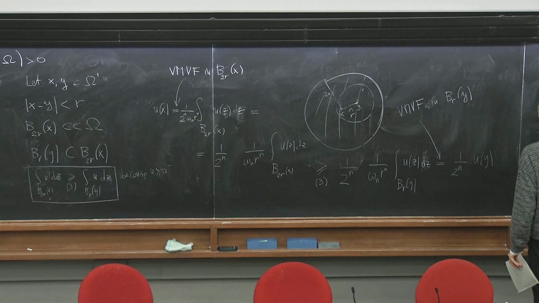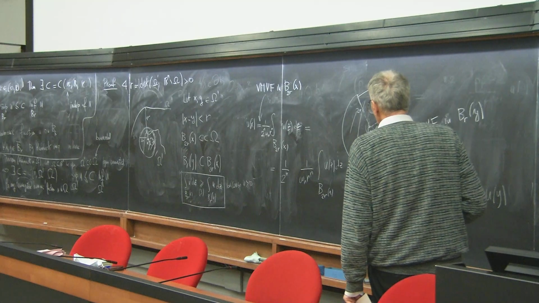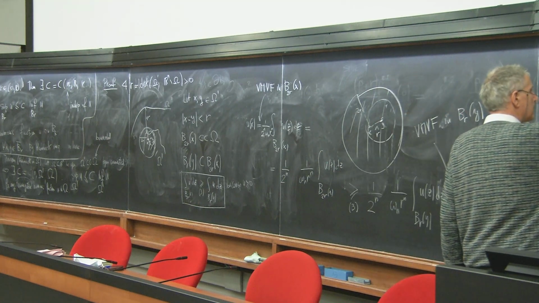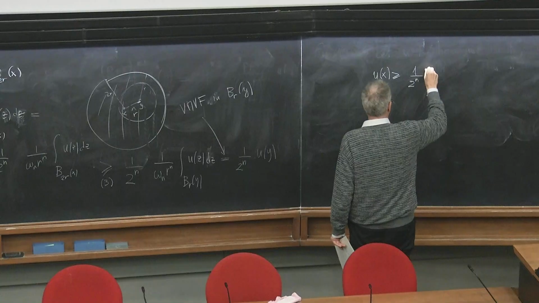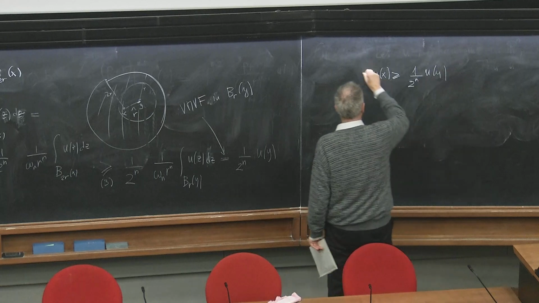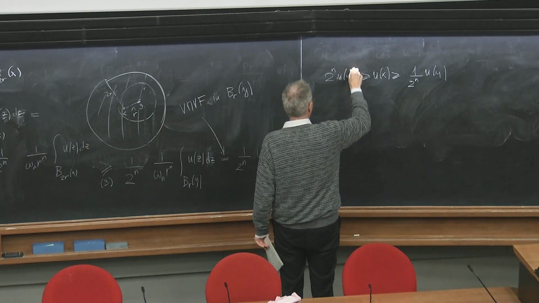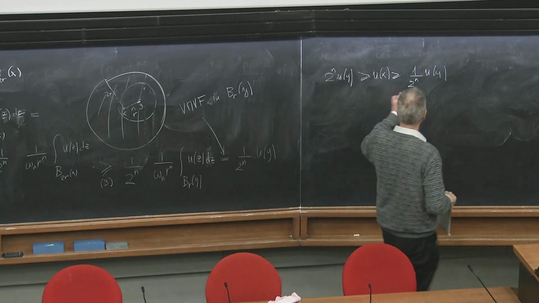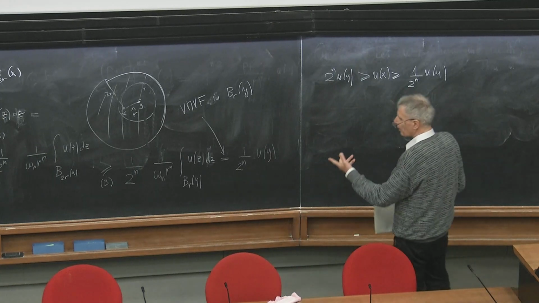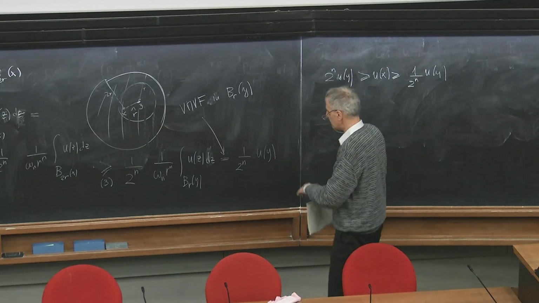So, and then u of x is larger or equal than 1 over 2^n u of y, less than or equal than 2^n u of y, because then once I have done this, I can exchange the role of x and y.